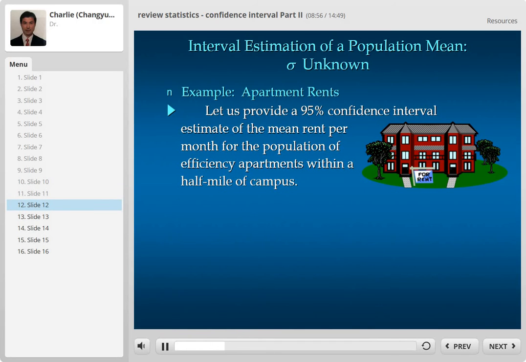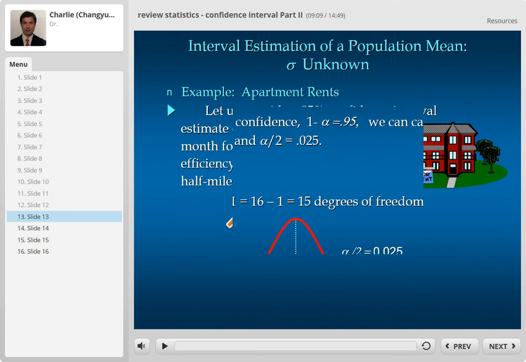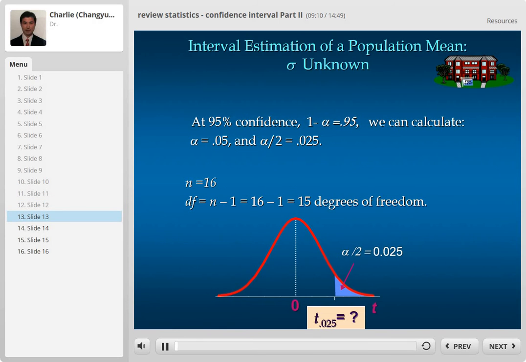Now we are asked to provide a 95% confidence interval estimate of the mean. We're trying to find the interval estimation of a population mean at 95% confidence level.